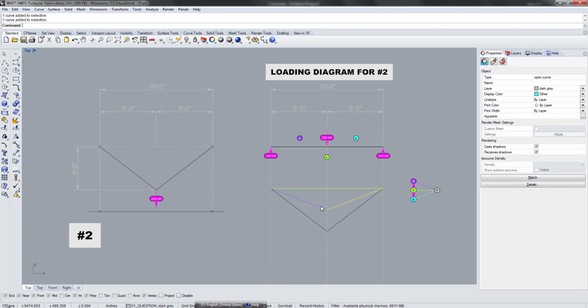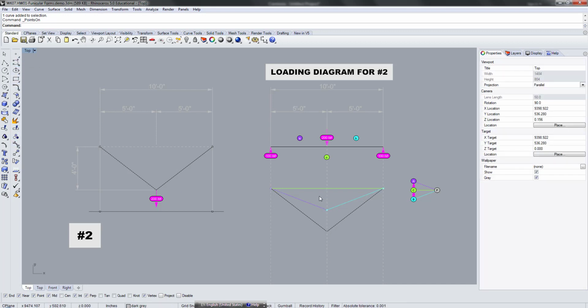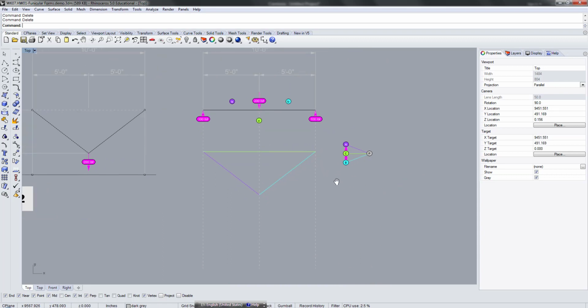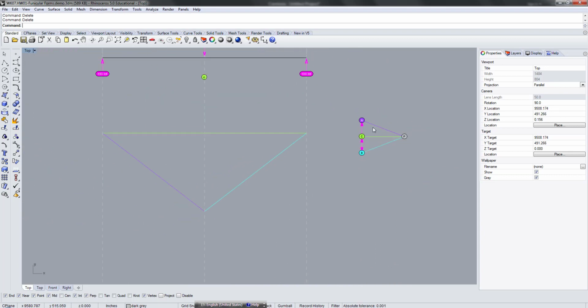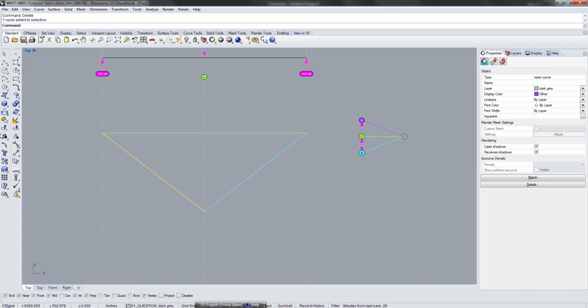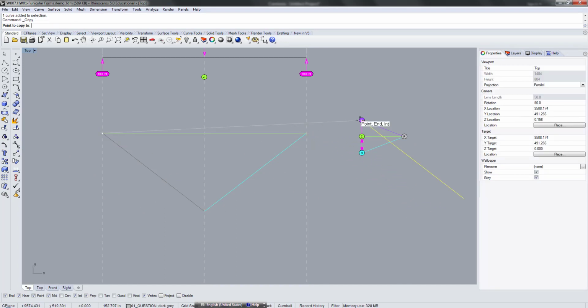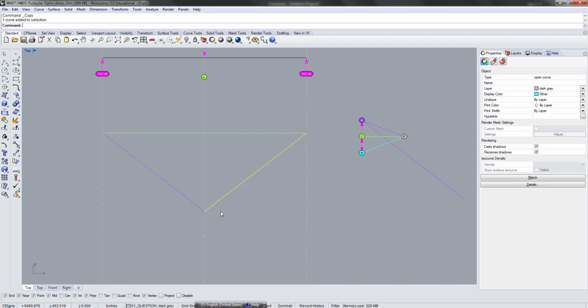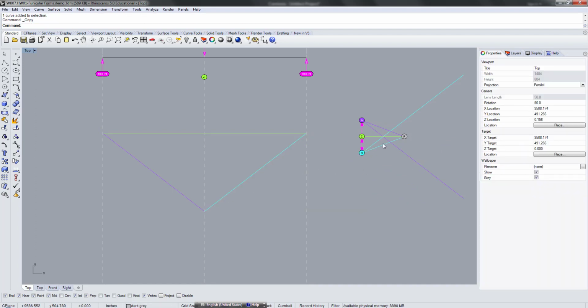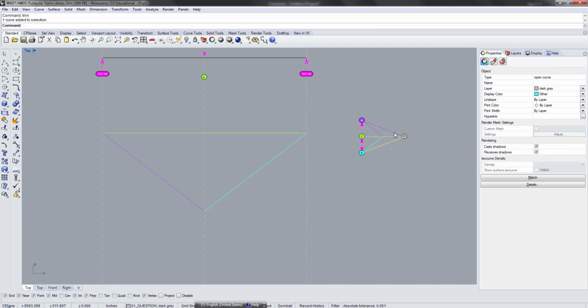You can see how these two lines are supposed to be deeper as shown here. So the force polygon should actually look like this. And the force diagram should also be changed to reflect these angles. What you know is that the angles of the purple line and the blue line have changed. They became steeper. So if you anchor these two lines to point A and point B, now you know it's supposed to be here and here.